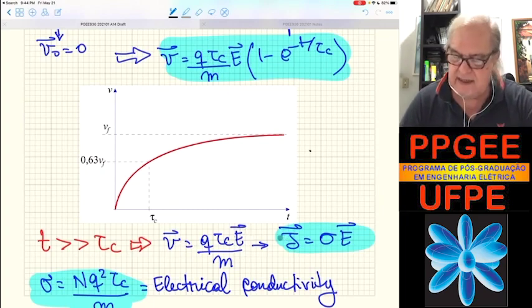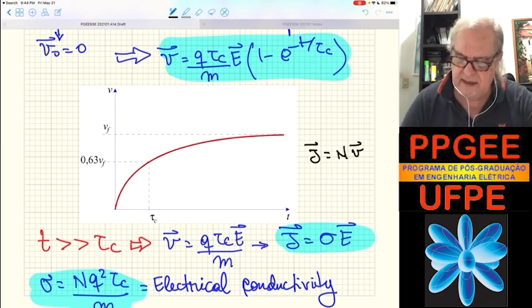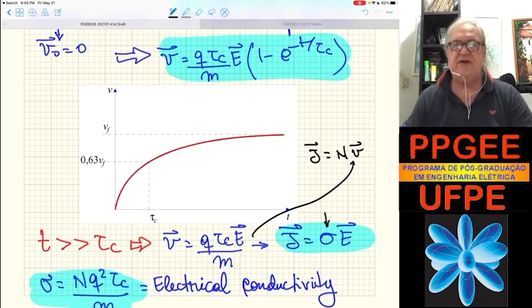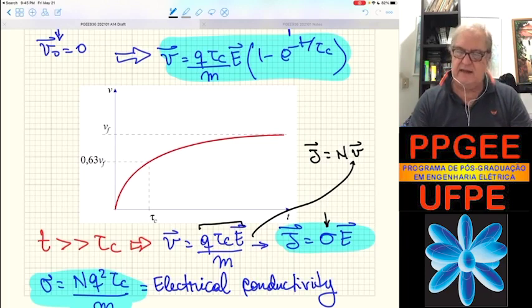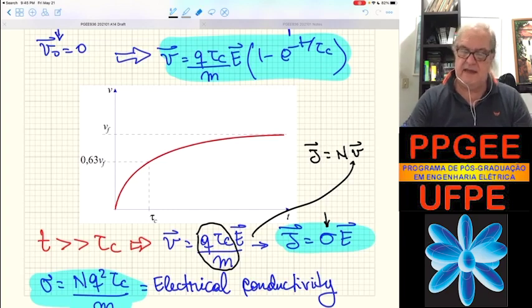And if we go to the formula for the current density, right? If you put the V here, we get a conductivity coefficient that relates current density and E field. The current density is then simply multiplying this parameter by this parameter here times the density. I'm sorry, n times q.